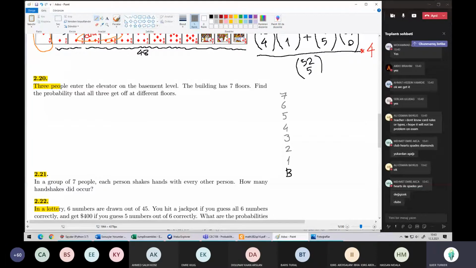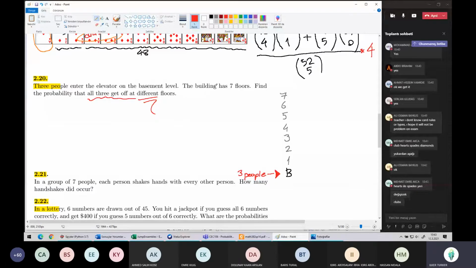Three people enter the elevator at the basement level. Find the probability that all three get off at different floors, not at the same floor. None of them exit at the same floor.